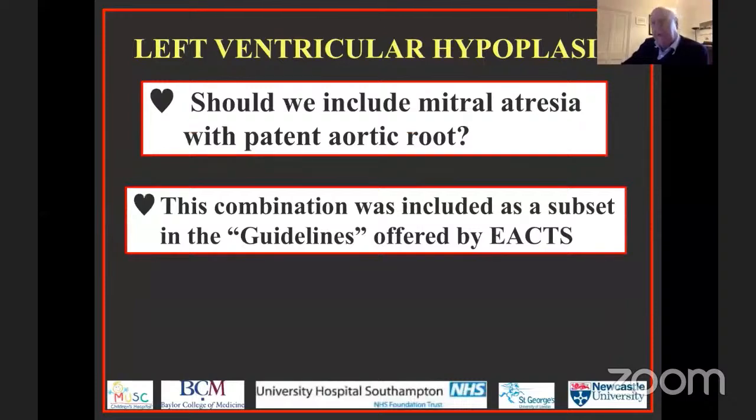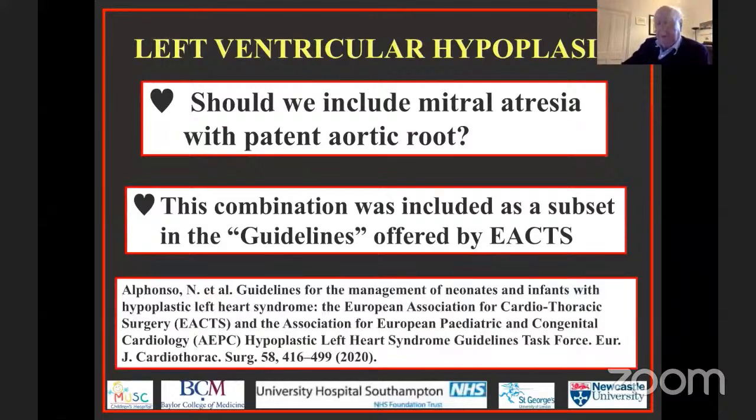And the key point here is that recently we've seen guidelines offered by the European Association of Cardiothoracic Surgery, along with the Association for European Pediatric Cardiology. And these appeared very recently in the European Journal of Cardiothoracic Surgery.